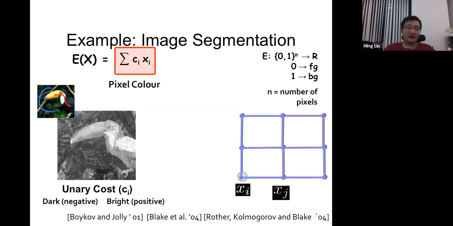So we can hand-mark some of the foreground and background. This is the typical operation we have at all times. We use green or blue to quickly label what I consider the background, and the red stroke to quickly label the foreground. And then each pixel will have the so-called unary cost, which is defined by the pixel color.